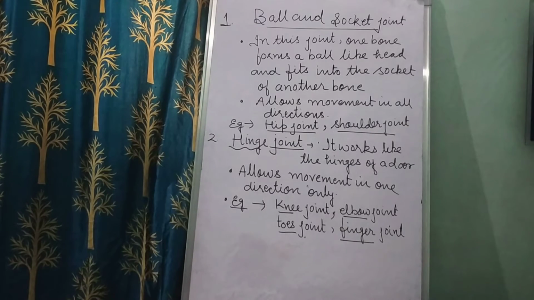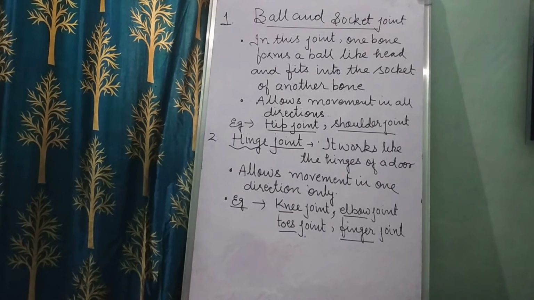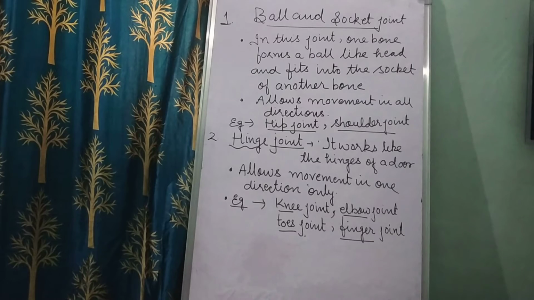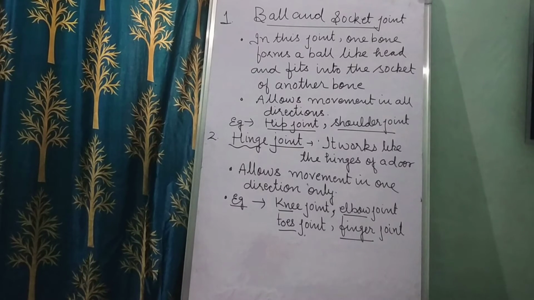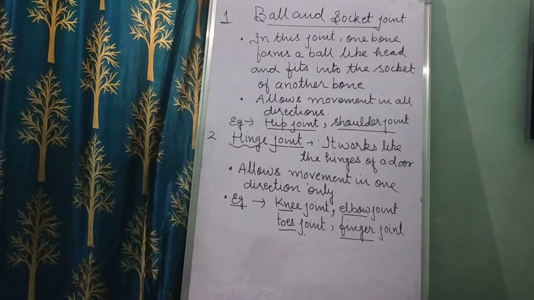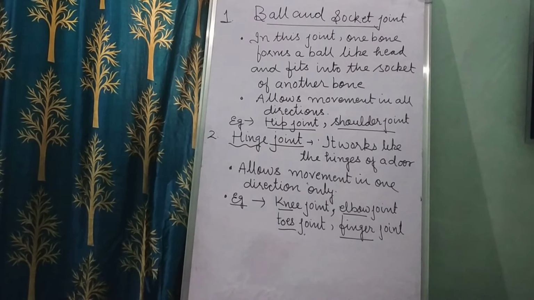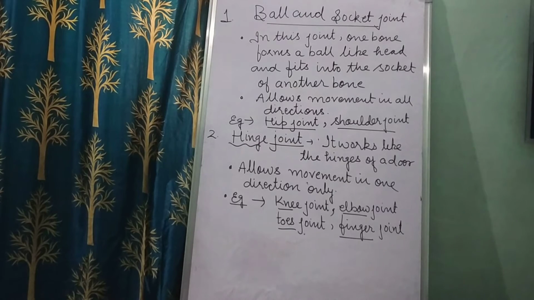It works just like the hinges present in a door, which allows it to open in one direction only. This joint allows movement in one direction only. So the examples of the hinge joints are knee joints, elbow joints, toe joints and the finger joints.